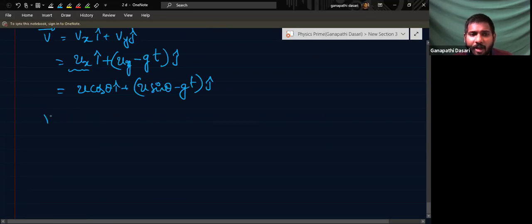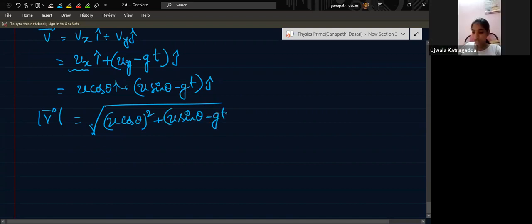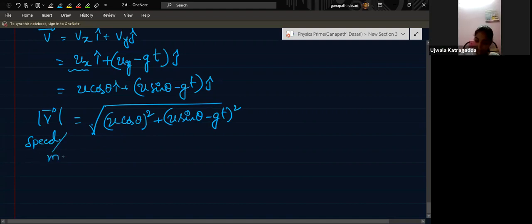And if the velocity, that is the speed of the particle, is asked at a given time, it is the magnitude of the velocity vector, which will be equal to the square root of x component square plus y component square. That is the square root of (u cos theta) whole square plus (u sin theta minus gt) whole square. This is the velocity vector, and this is the speed, or magnitude of the velocity vector.